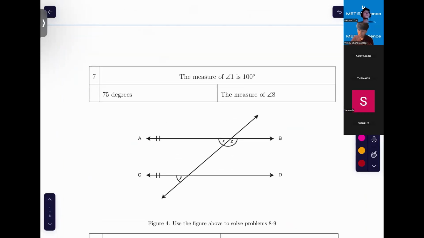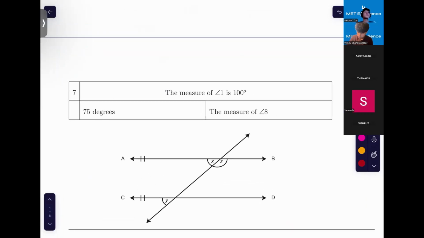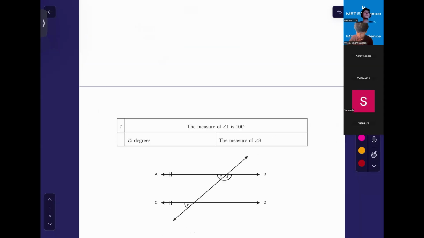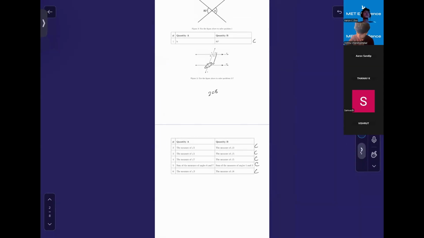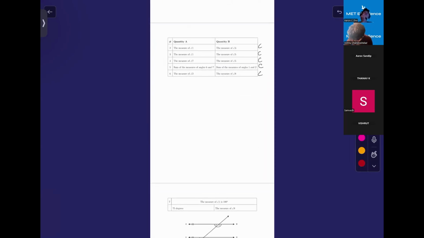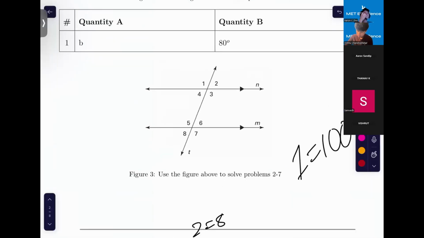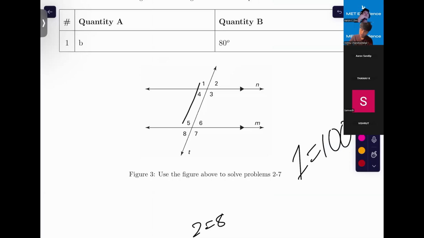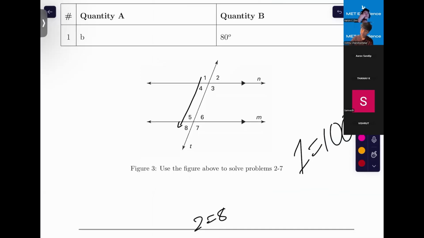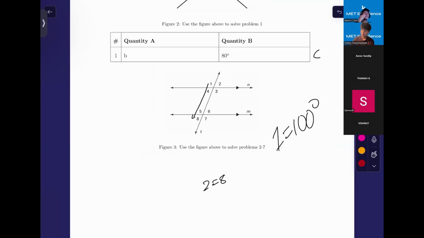The measure of angle 1 is 100 degrees. So 1 is equal to 100 degrees. And 75 degrees is the measure of angle 8. Since there is a parallel line, angle 1 and angle 8 would be the same.